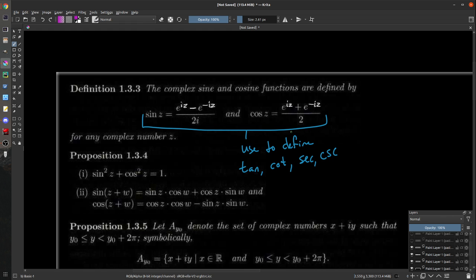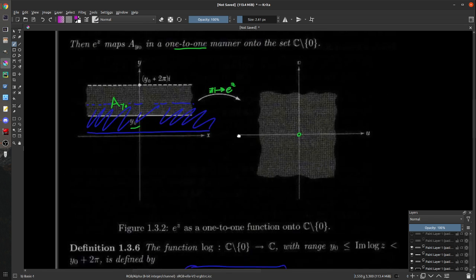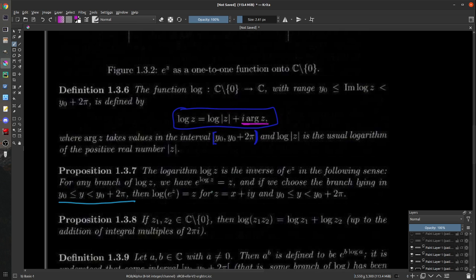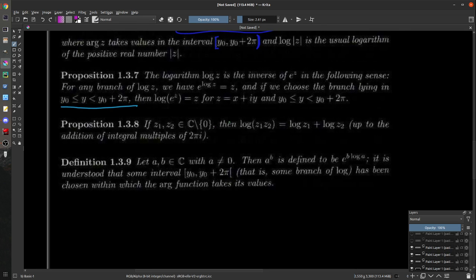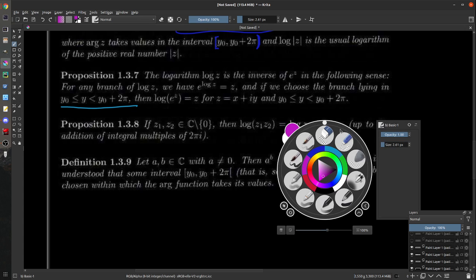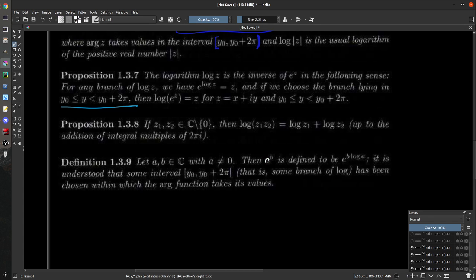We're defining them in terms of the exponential to define exponentiation. So we've got the logarithm, and ultimately what we want is to be able to say things like a to the b in complex numbers.